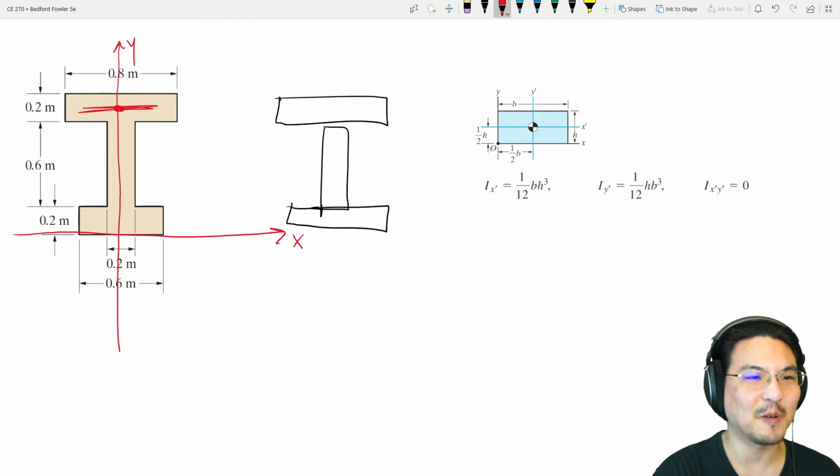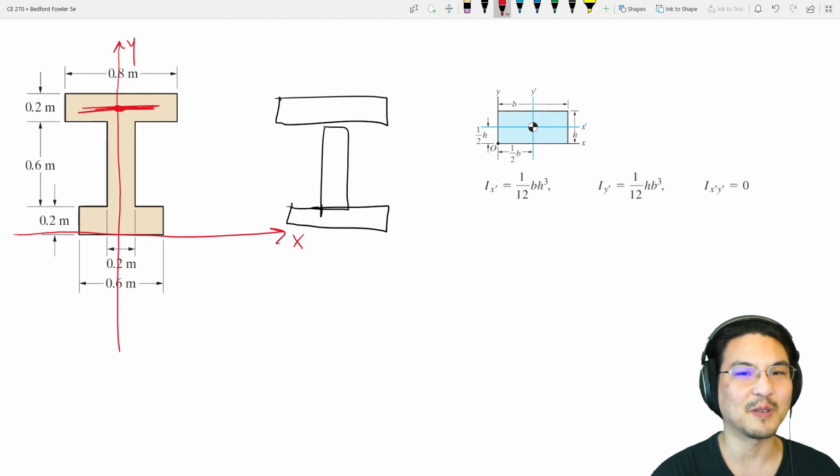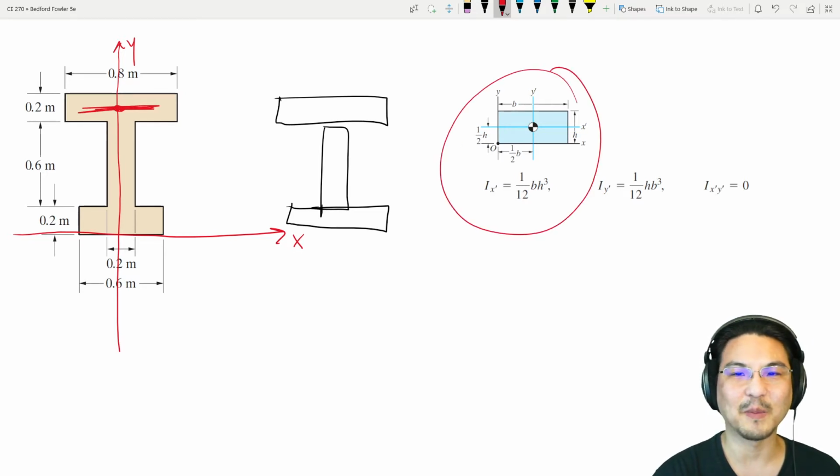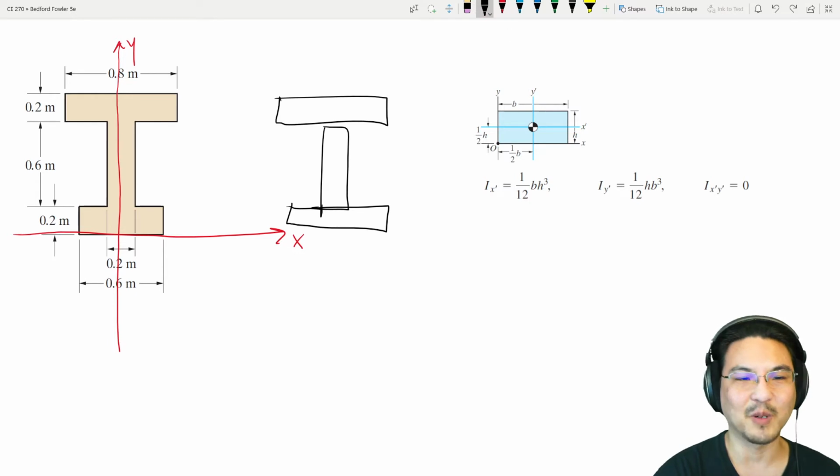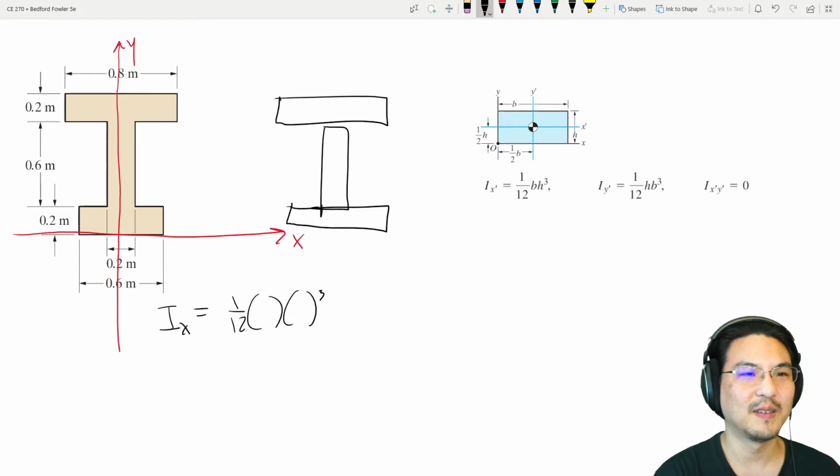So about its own x-axis through its own centroid, look at the appendix. It's 1/12 base height cubed. So let me just write the numbers. So about the x-axis, 1/12 base height cubed. So for this rectangle, base is 0.8, height is 0.2. Everything is meters.